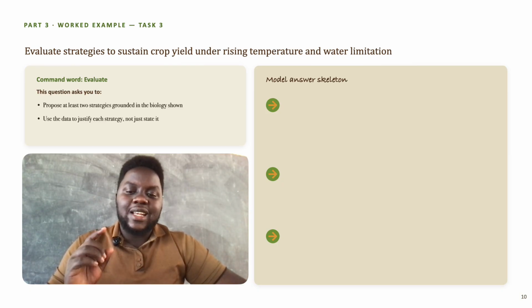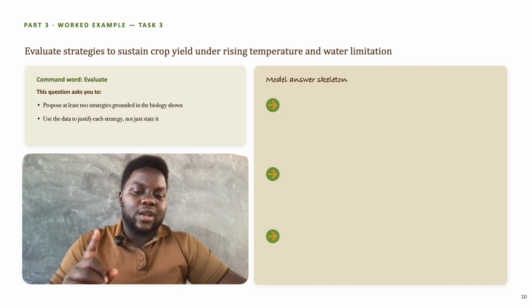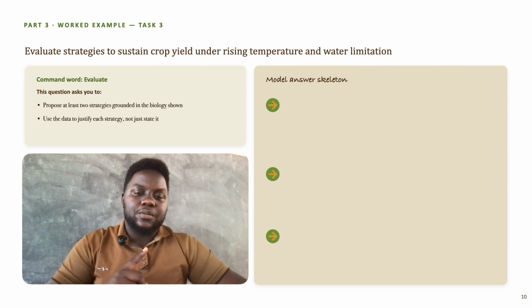It wants you to use that data to justify each strategy, not just state assertions. Now, this is the part students forget. It wants a limitation or a trade-off acknowledged for each strategy, not just one. Each strategy must have a limitation or a trade-off stated.